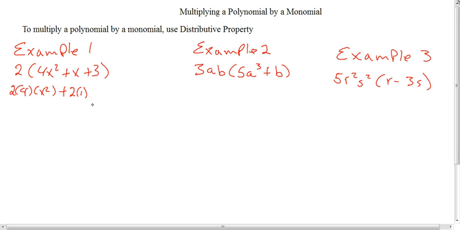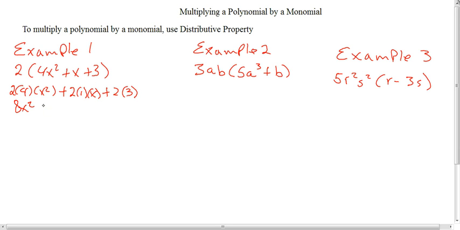There's a 1 because anytime we have a variable with no coefficient, the coefficient is 1, and then again times my x, and then again plus sign, plus 2 times the constant 3. Okay, no variable.